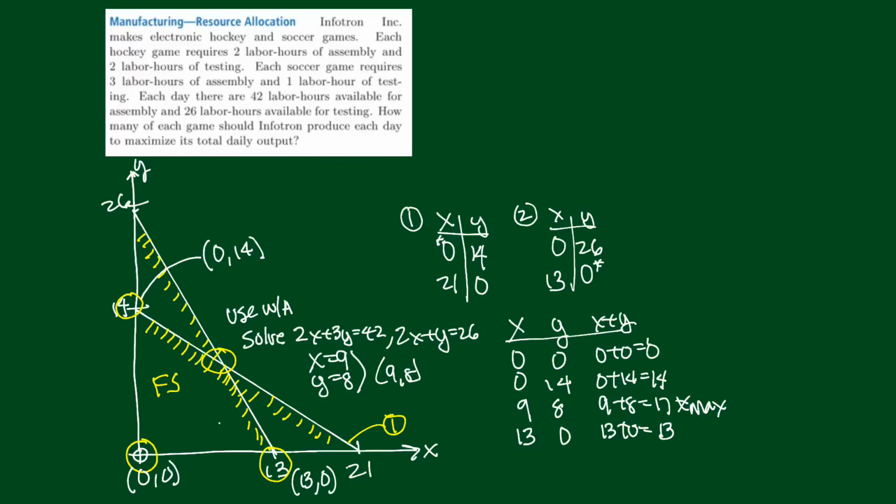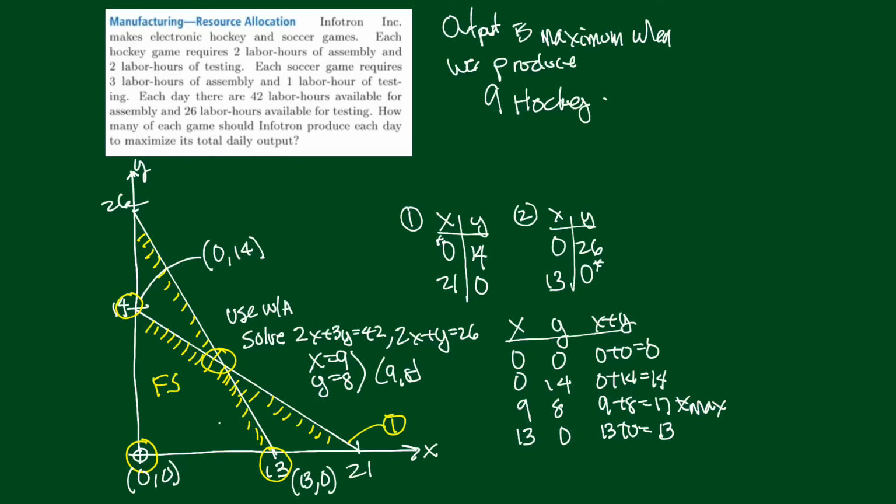I'm going to say output is maximum when we produce 9 hockey games and 8 soccer games. And I've answered the question. There we go.